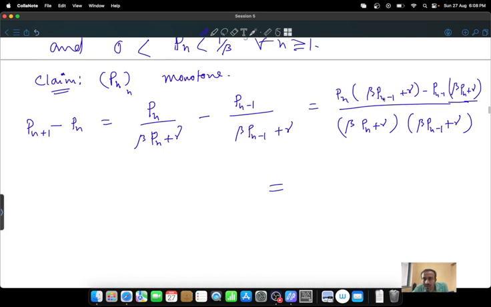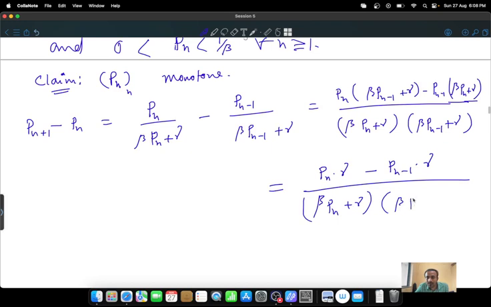Here is beta Pn P(n-1), and here also one term is present, beta Pn P(n-1) with a negative sign, so they will cancel out. What will survive is Pn times gamma minus P(n-1) times gamma, and the denominator is beta Pn plus gamma times beta P(n-1) plus gamma.